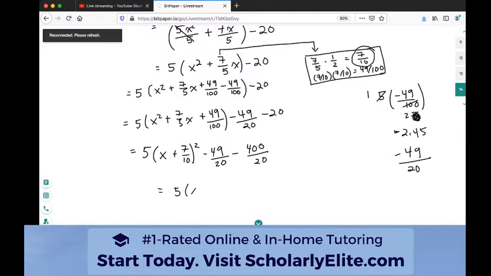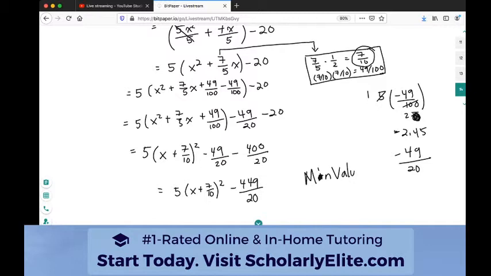This is now 5x plus 7 over 10 squared, and this is minus 449 over 20, which cannot be reduced anymore. And the max value, or sorry, the min value, because this is a positive equation, aka the vertex, is going to be at negative 7 over 10 and negative 449 over 20.